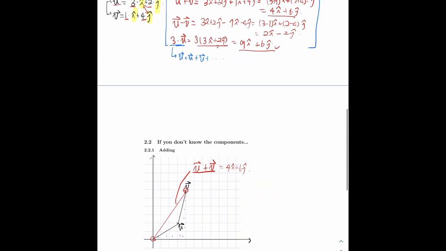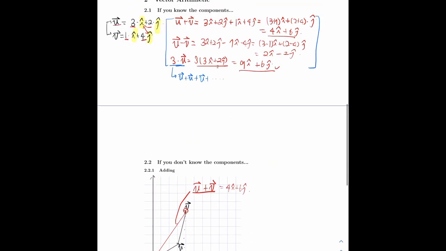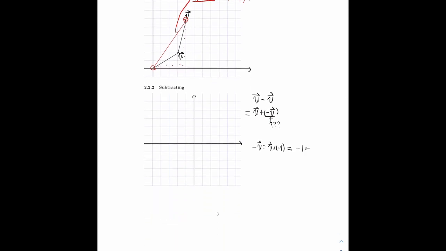If we think of the components up there, negative v is just v times negative 1, which would be negative 1 i hat minus 4 times j hat. If we draw this vector here on the coordinate plane, that is our vector v, that is our vector negative v. So it's just vector v rotated 180 degrees about the origin. That's what gives us negative v.